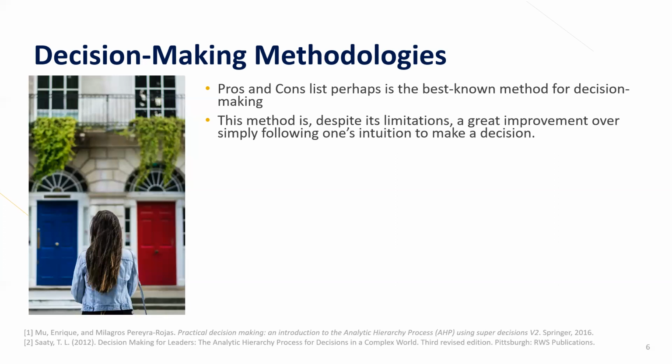So one of the best known and very straightforward methods is, if you want to buy the house, what are the pros? For example, if I buy the house, I have it, and that becomes my asset. And when I buy the house for the long term, the housing price is predicted to increase, right?